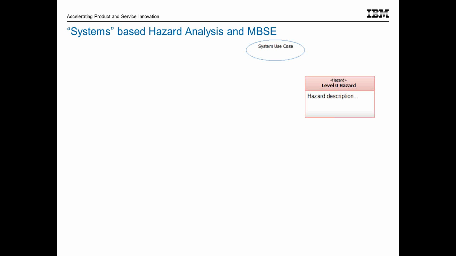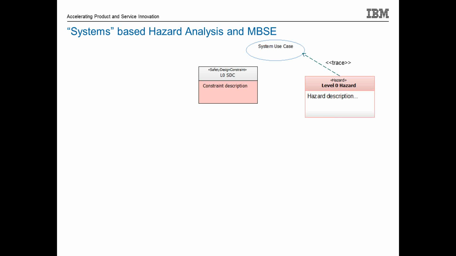So we would want to create an element called a hazard that we can model with a description and whatever other appropriate information we want to associate with the identification of a hazard. And then, of course, we want traceability to the use case it's associated with. The other useful concept is a safety design constraint.